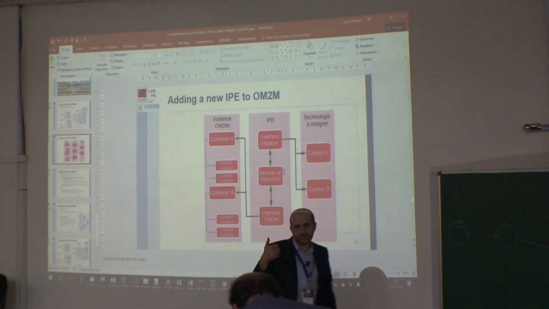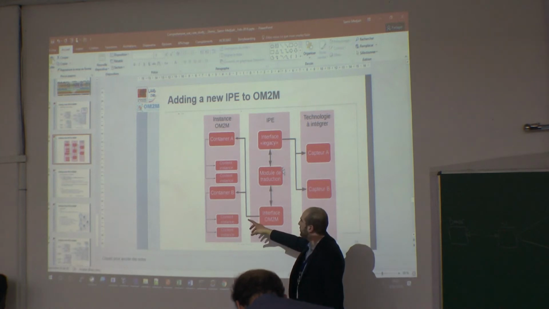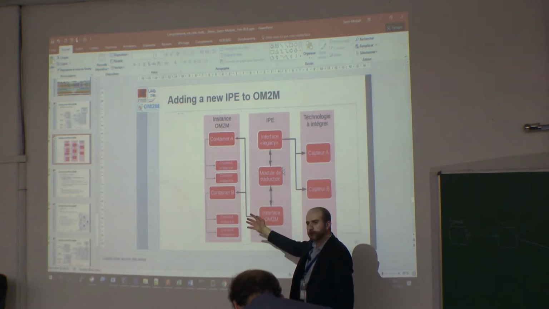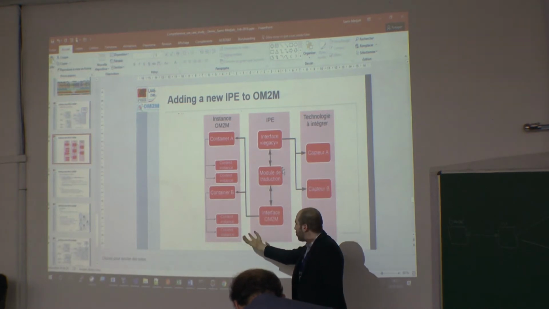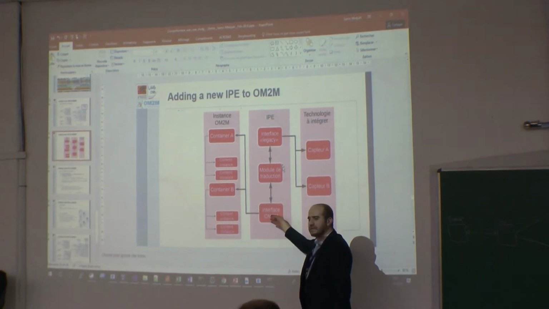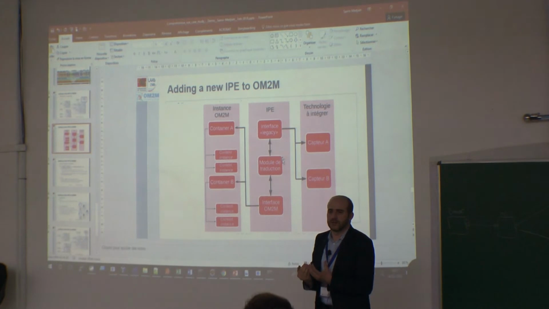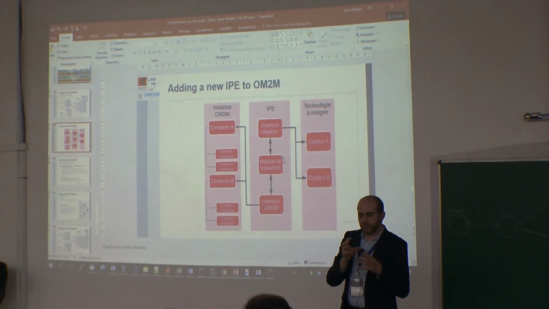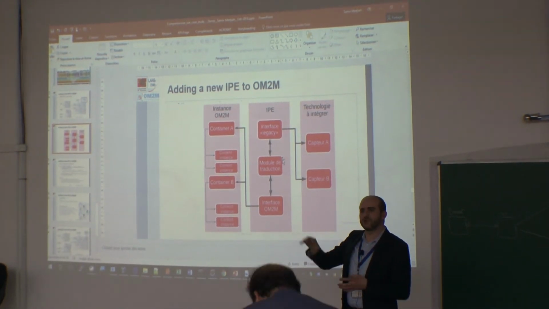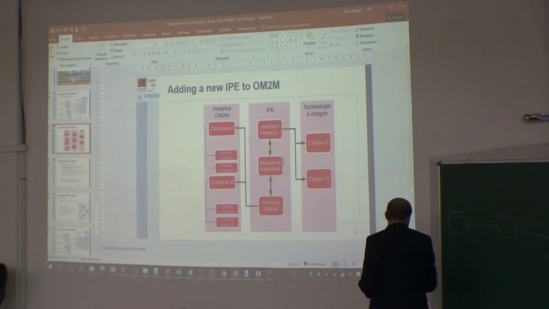This is the first task an IPE needs to do. The second task is when you receive a request using the oneM2M protocol from the outside, the core plugin will give you the request to handle, and it's up to you to do the translation between the oneM2M message and your specific device.